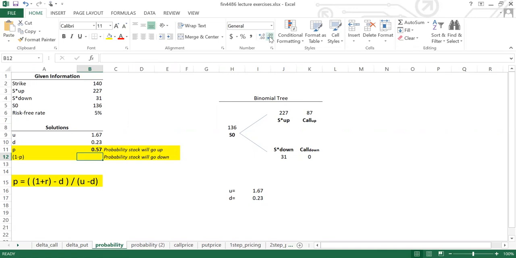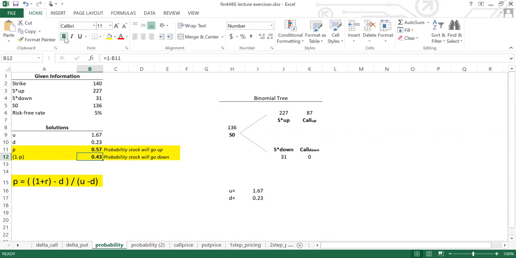Well, since the probability of the good state of the world and the probability of the bad state of the world must add to 1, because these two probabilities span all the possibilities in this hypothetical world, then this is just 1 minus the probability of the good state of the world. So 1 minus 0.57 gives us 0.43. And now 0.43 is the probability that the stock will go down.